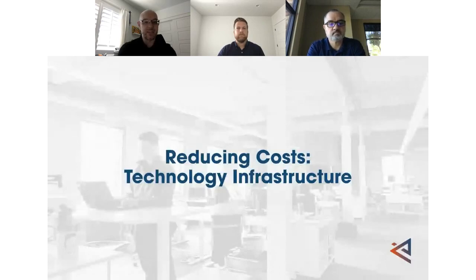A lot of times the hardware is purchased with software assurance, and taking advantage of things like software assurance can really lend towards cutting down the costs of any new investment or any change that you need to make. If you're moving infrastructure to the cloud, you could take advantage of that. Specifically with Azure, if you can bring your own license, you save significant amounts by moving to the cloud.